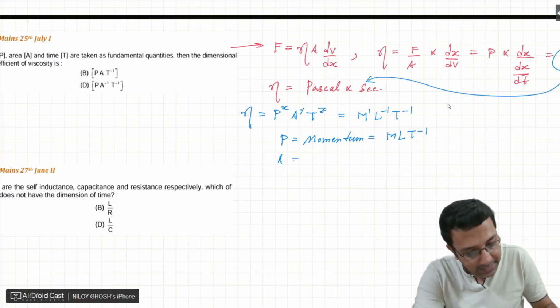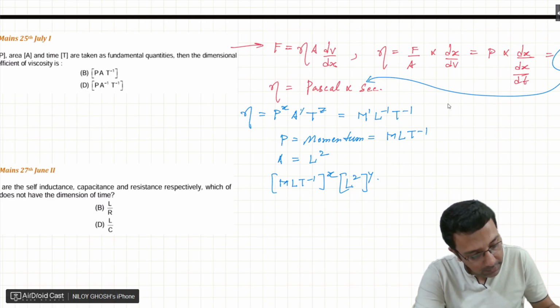A is area, so it is L square. If you put this in, it becomes MLT minus 1 to the power X, L square to the power Y, and T to the power Z, that becomes M1 L minus 1 T minus 1.